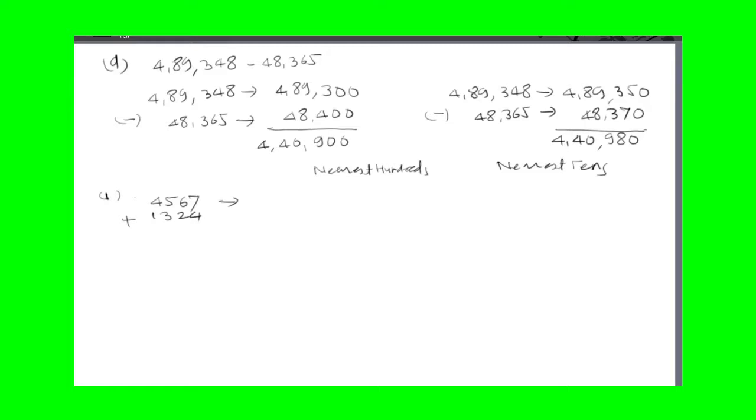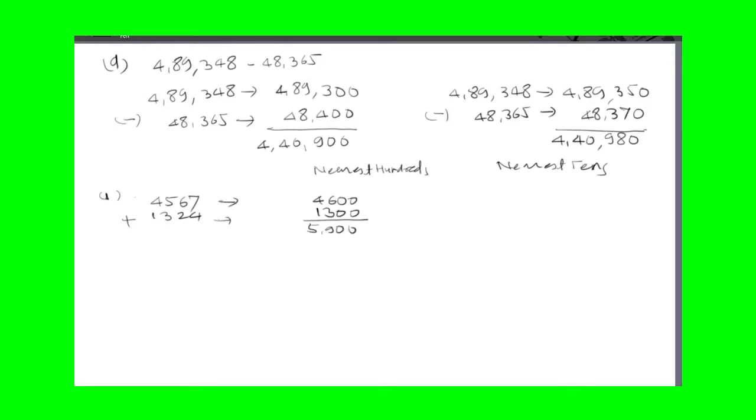So for nearest hundreds, 4,567 becomes 4,600, and 1,324 becomes 1,300, and on adding we get 5,900.